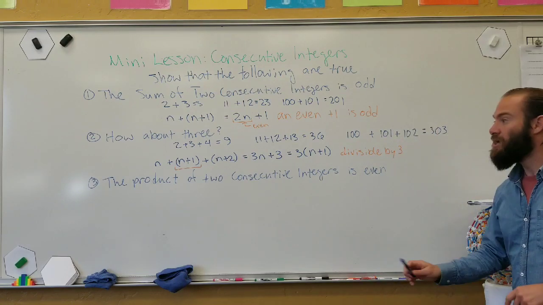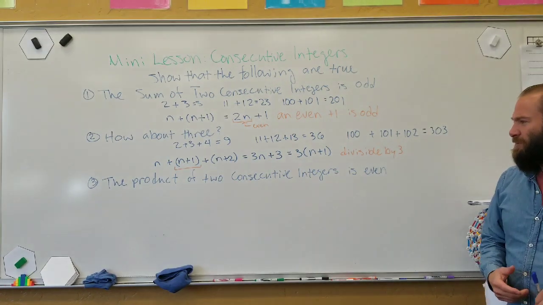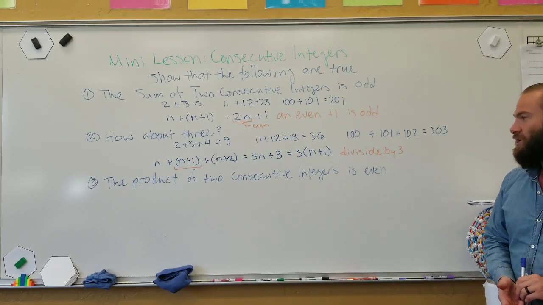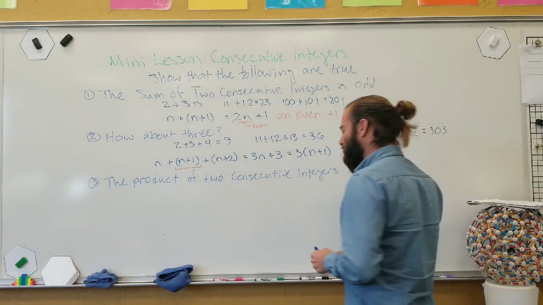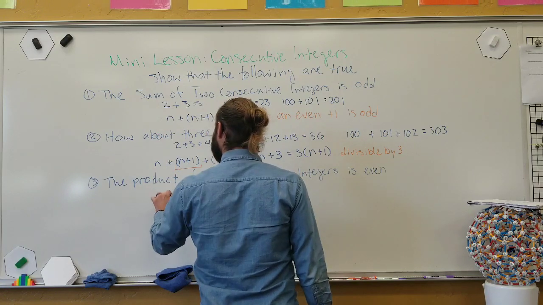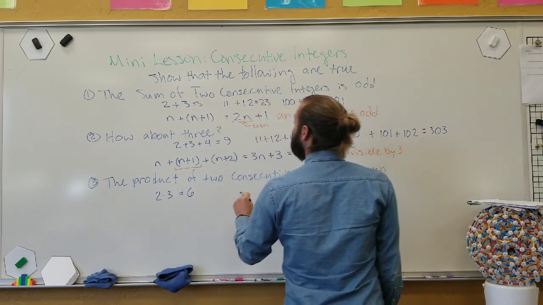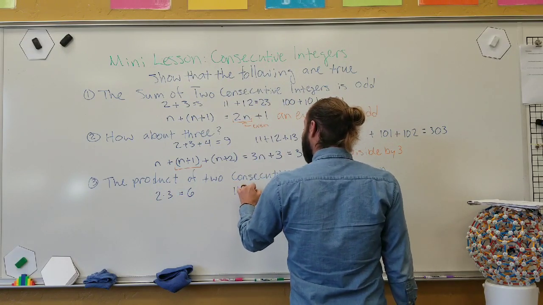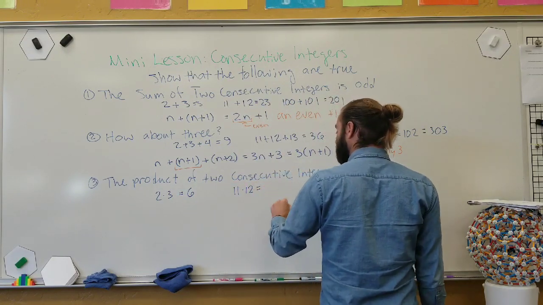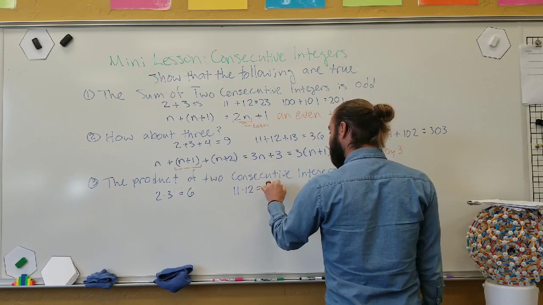And then the last one, we can't quite reason through the exact same way, which is why I included it here. The product of 2 consecutive integers is even. So if I want to show something about the product of 2 consecutive integers, well, we may try doing the same thing. Let's use examples again, and we'll just use the same ones. 2 times 3 equals 6. 11 times 12 equals, that's going to be 110 plus 22, so 132.